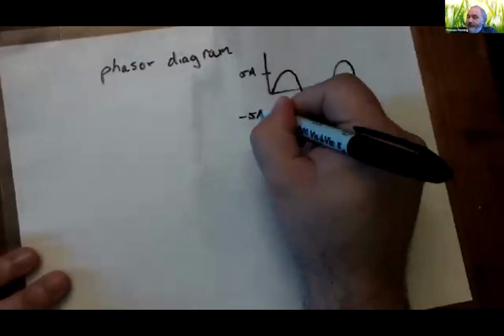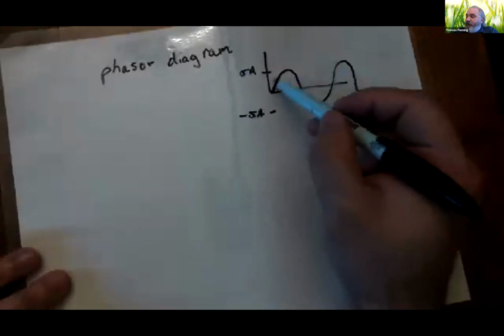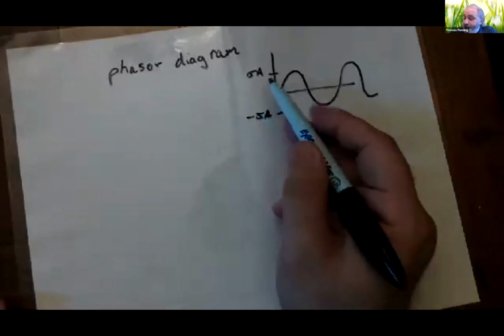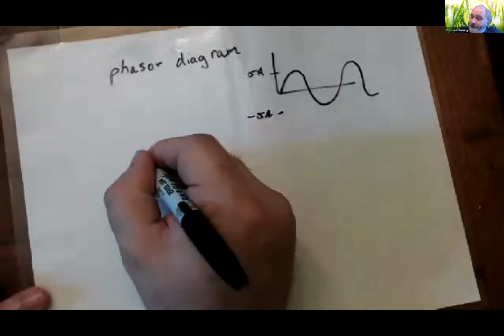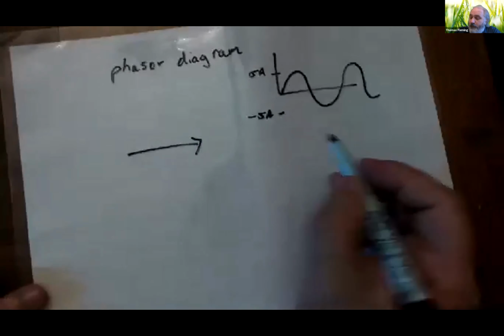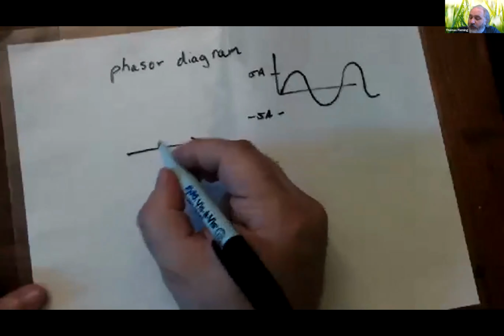And at its minimum, the current was negative 5 amps. Then I would describe this current by drawing an arrow 5 units long, 1 for every amp. So here's my arrow, and it's 5 units long.